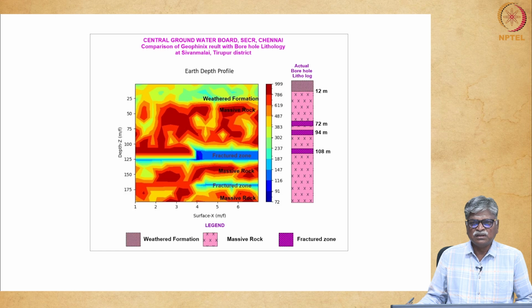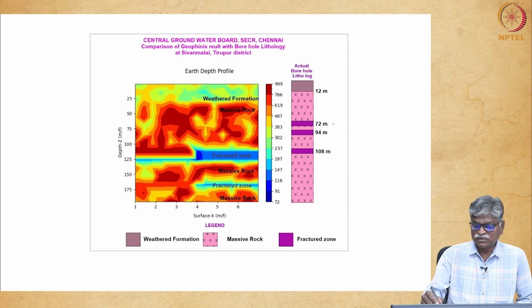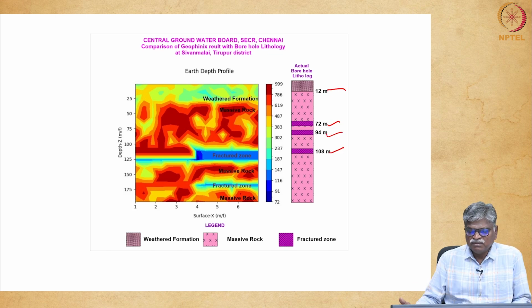You see, this is also through geophonics long range. There are three sets of fracture you got. Same thing, the weathering is up to 12 meter. Up to 12 meter you put the casing. Afterwards, three sets of fracture we got.